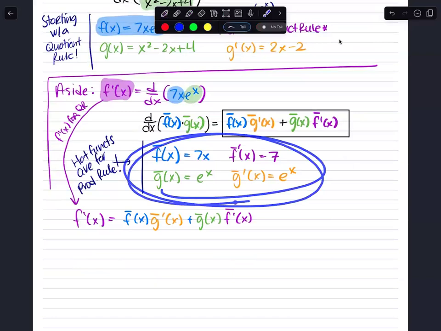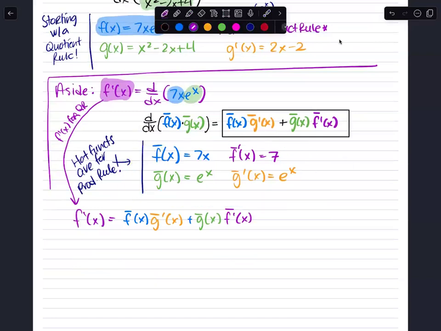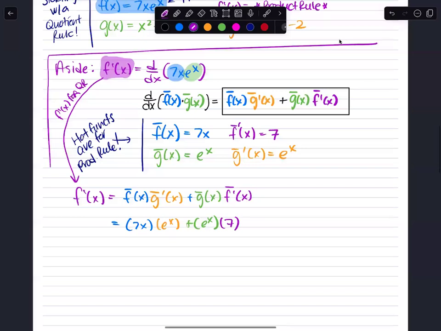That's 7x times e to the x plus e to the x times 7. So the f prime of x for the quotient rule above is 7x e to the x plus 7 e to the x.